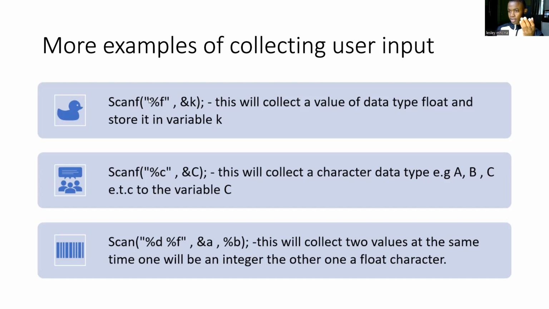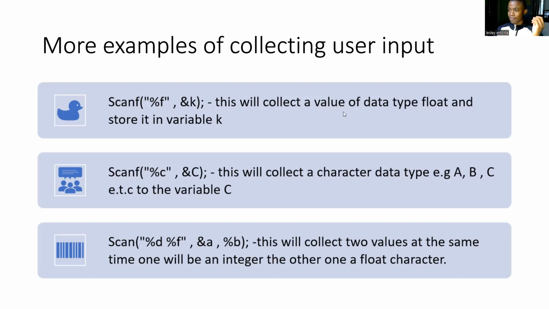So we're collecting a float, we specify that in the control string. We call it the control string because it's in quotes, okay? So where are we collecting this float to? We're taking the user's input and storing it into the variable k, okay?